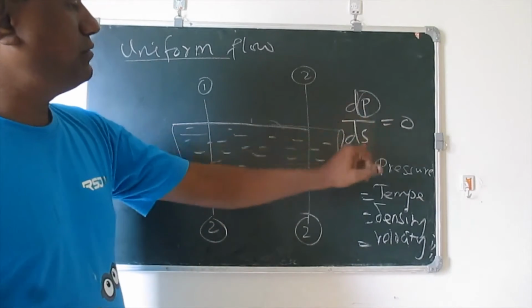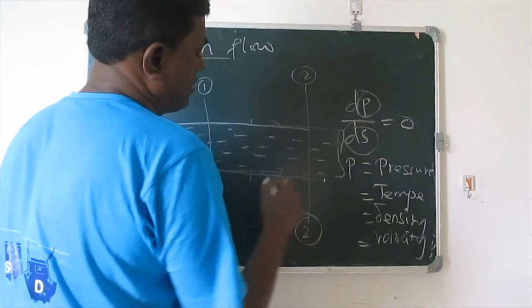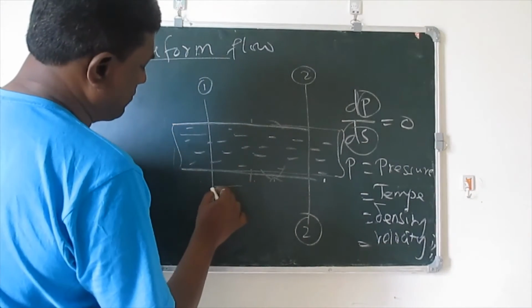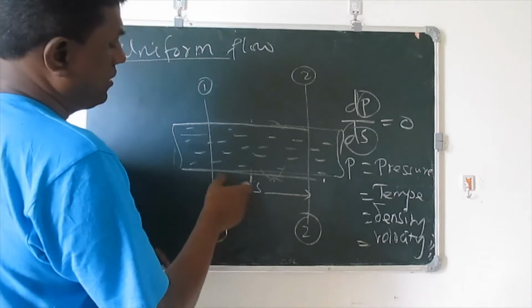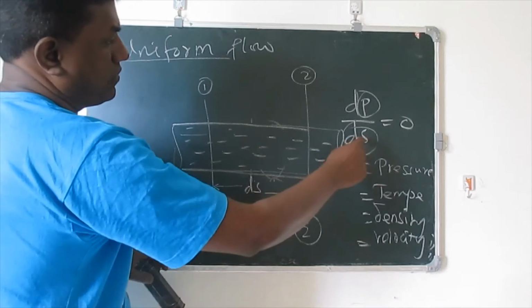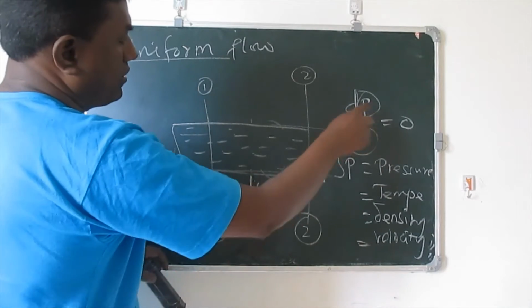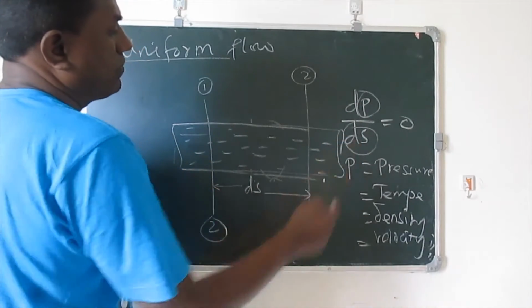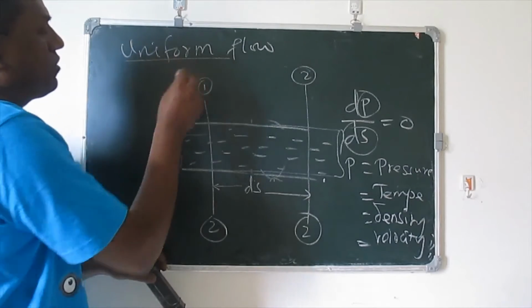Whenever we have this condition with respect to ds, where ds is the change in the length or change in the space, if there is no change in the fluid parameters with respect to this ds, then that is what we call uniform flow.